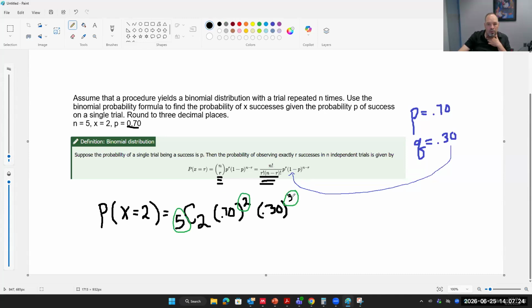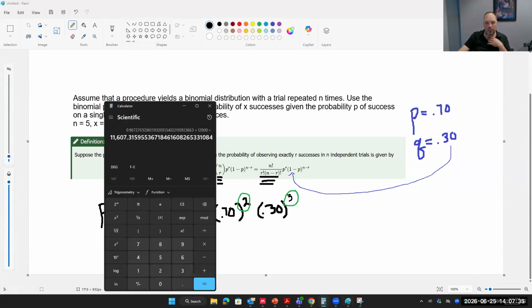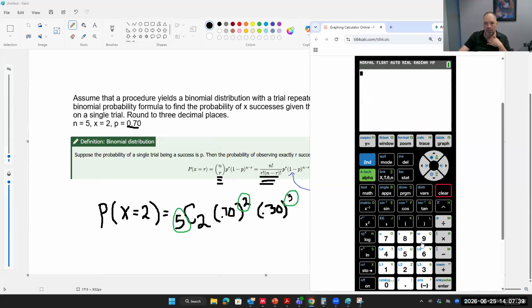Since this is 2, this is 3, because 2 plus 3 is 5. Okay, that said, let's put it in the calculator. Not that calculator, this calculator. And the calculator will do all the work.